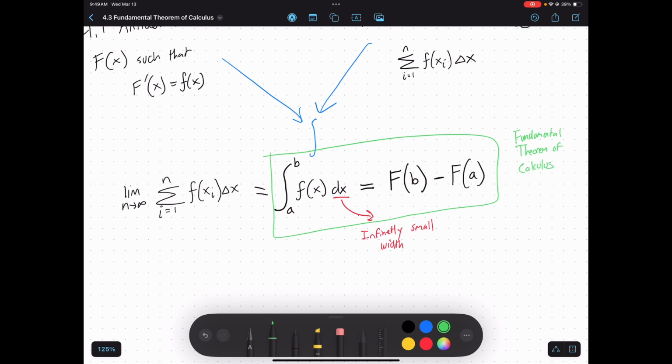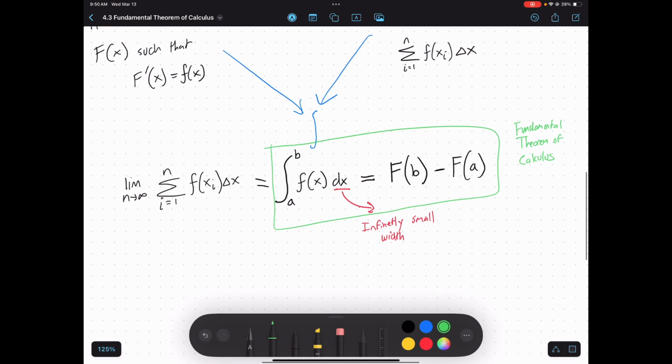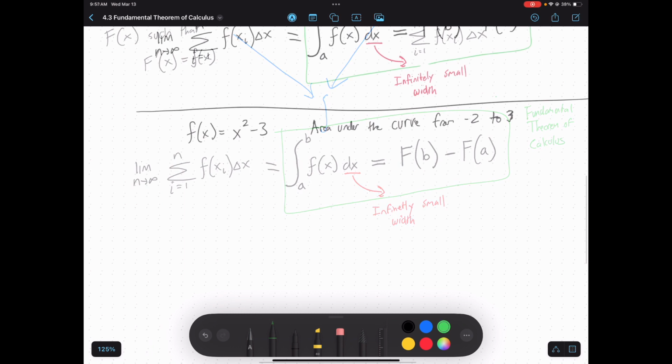It's kind of similar to derivatives, where the whole concept of a derivative is you're getting infinitely close to something, but we found that you could actually calculate what it is, even though it involves infinity. Same thing here. This is a value that involves infinity because you're getting infinitely small rectangles, and yet you can still calculate the value. So this is my fundamental theorem of calculus. Let's look at a few examples.